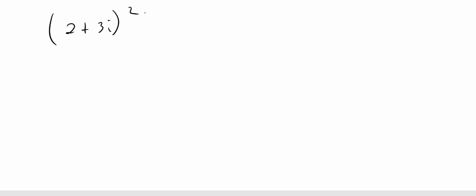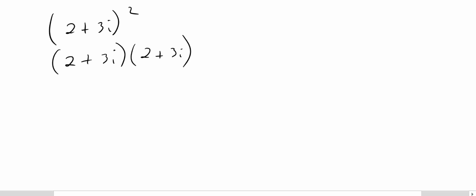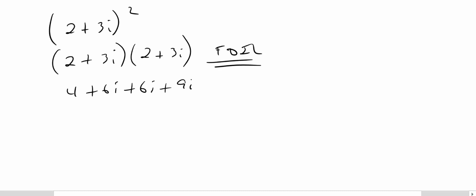Because you got a plus sign in between. So please don't forget, don't just square both terms. That's like a brutal mistake. So (2 plus 3i) and (2 plus 3i). Okay, and then we want to FOIL. So I do that. 2 times 2 is 4, plus 6i, plus 6i, plus 9i squared.